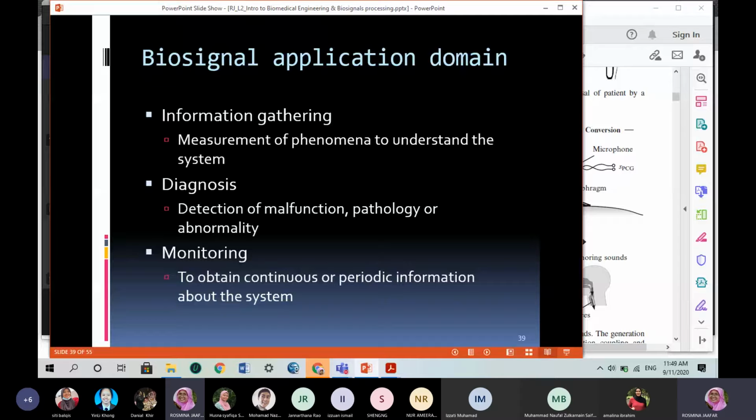So if you want to do information gathering only, you keep it as a record. For diagnosis, you need to identify the malfunction from the signals. For monitoring, it is just to observe the changes over time. Obtain continuous or periodic information about the system.